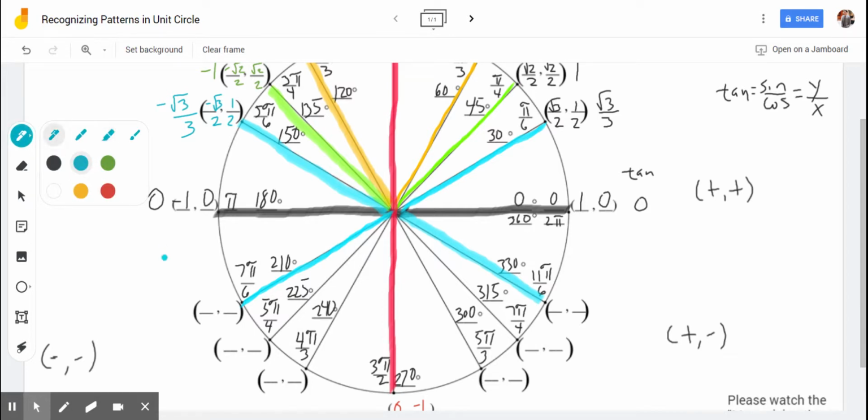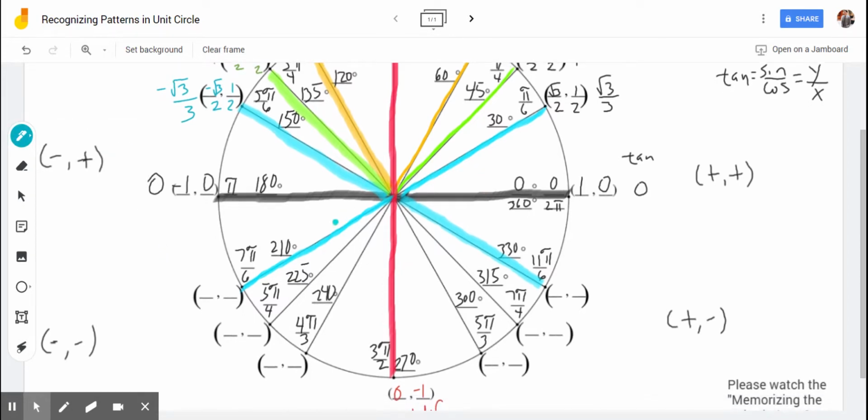So therefore, the coordinates in quadrant 3, I'm going to fill this in here. It's going to be negative x and negative y. So it's going to be negative radical 3 over 2 and negative 1/2. Tangent is y over x again.